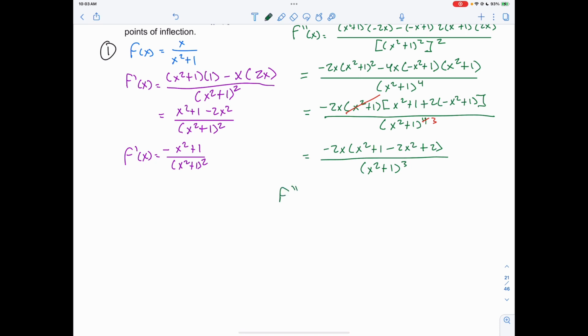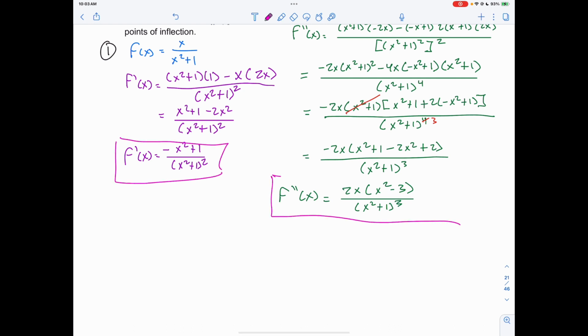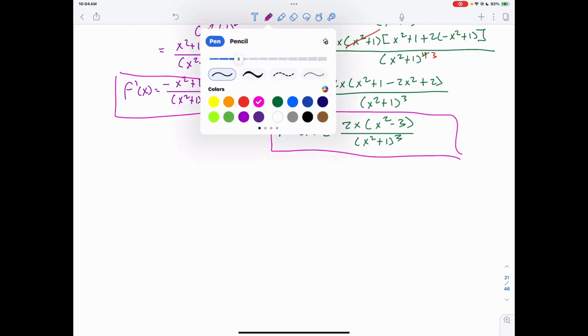And my f double prime of x is going to equal, well, I'm probably going to pull a negative out of there too, so I'm going to call this 2x, x squared minus 3, all over x squared plus 1 cubed. All right, we did our derivatives.